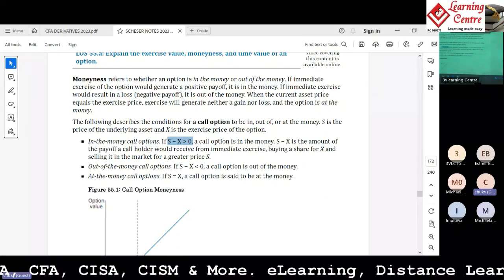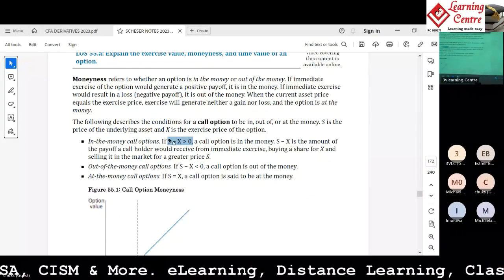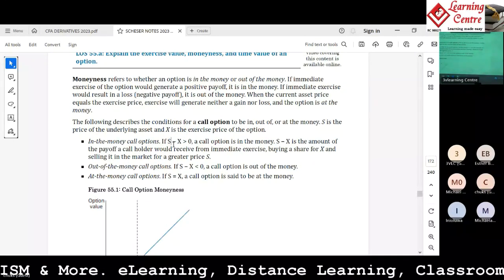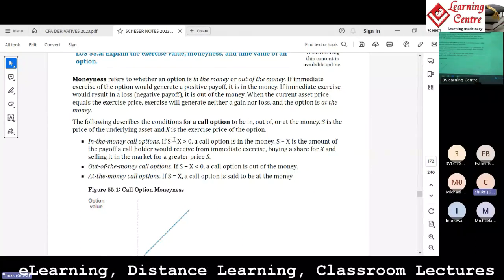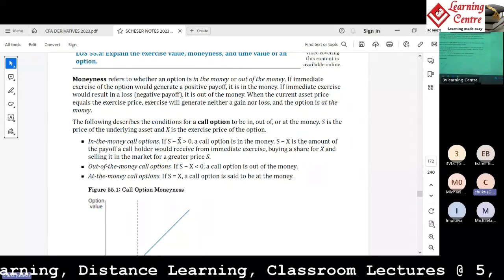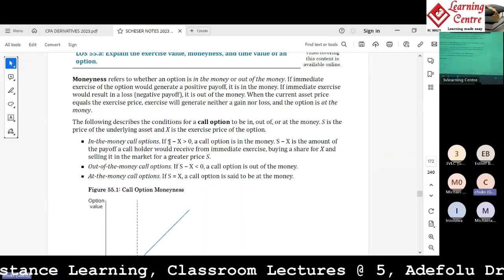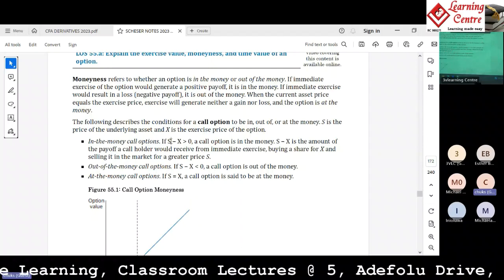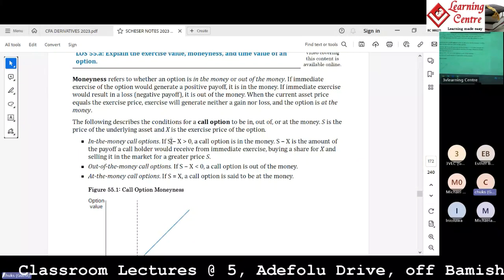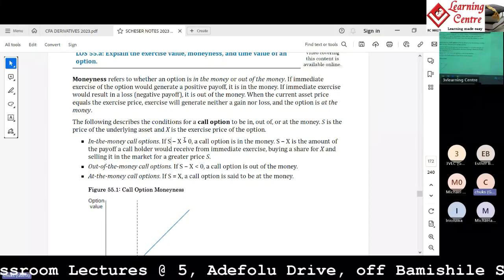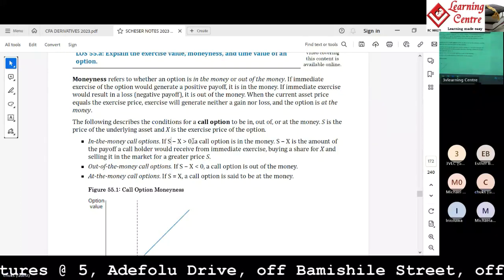So in this case, it is in the money if S, which is the price in the market, is greater than the price we have agreed. Meaning that in our example of 120 and 100, 120 is S and 100 is X. Because 120 minus 100 is a positive 20, which is greater than 0, then I am in the money.